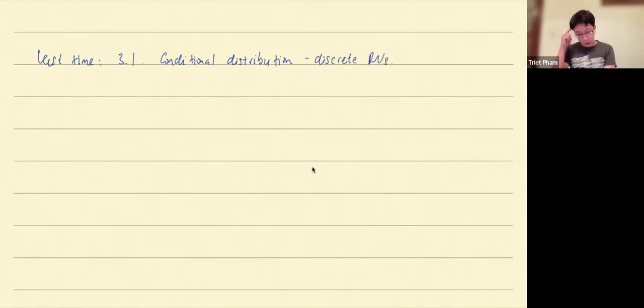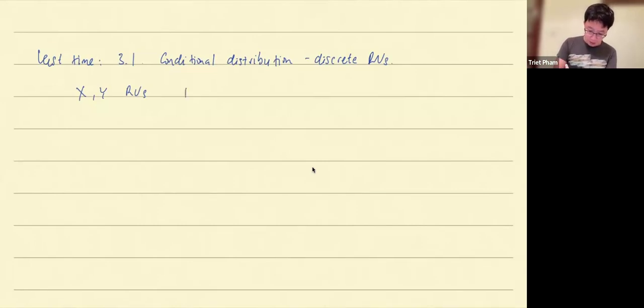We won't repeat the details, but basically the idea is, given two random variables X and Y, in general they don't have to be discrete. They can be continuous, they can be whatever. Of course, in 3.1, and a lot of times in this course, they'll be discrete, but they don't have to be.